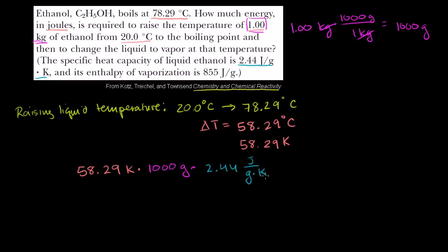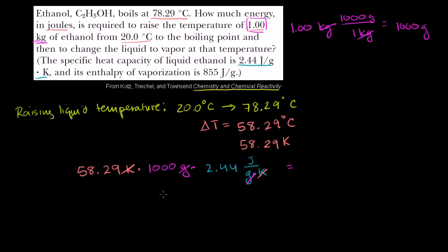This Kelvin is going to cancel out with that Kelvin in the denominator. This gram in the numerator will cancel out with those grams. And it makes sense. Specific heat is the amount of energy per mass per degree that is required to push it that 1 degree. So here we're doing 58 degrees, 1,000 grams. You just multiply it, the units cancel out. So you have Kelvin canceling out with Kelvin, and grams canceling out with grams.